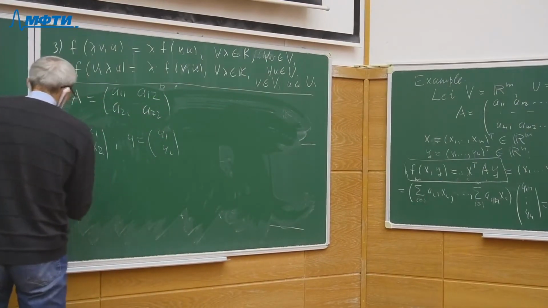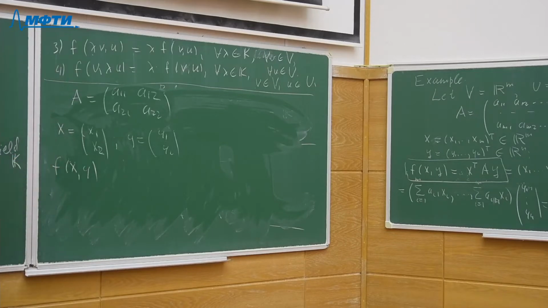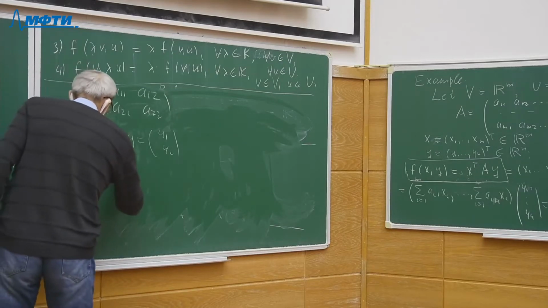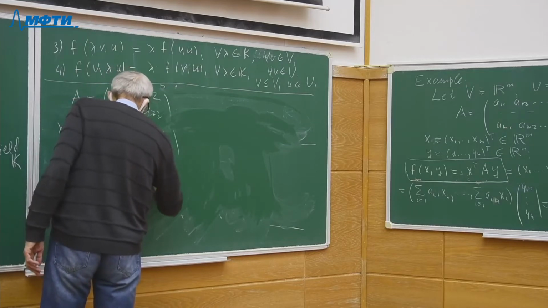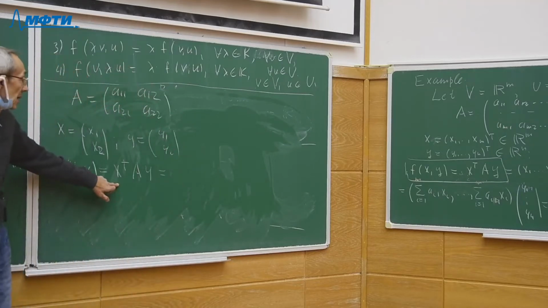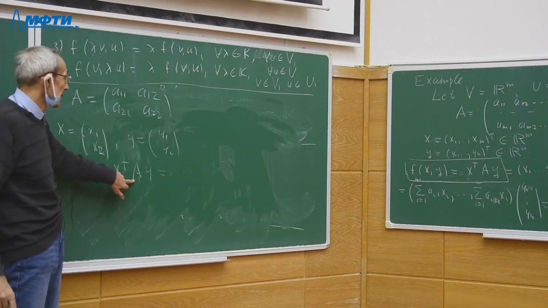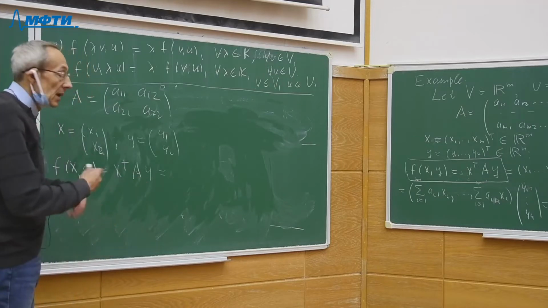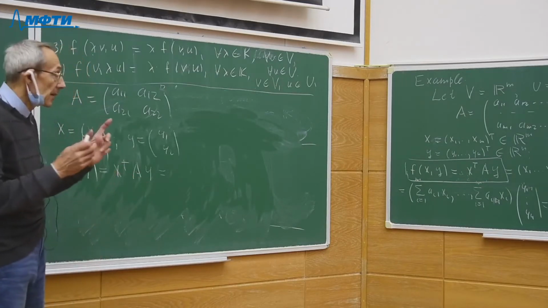If we apply our map to such a pair of vectors, we obtain the result defined by the following formula: the multiplication of the transposed vector X, matrix A, and vector Y. I must multiply these three matrices.